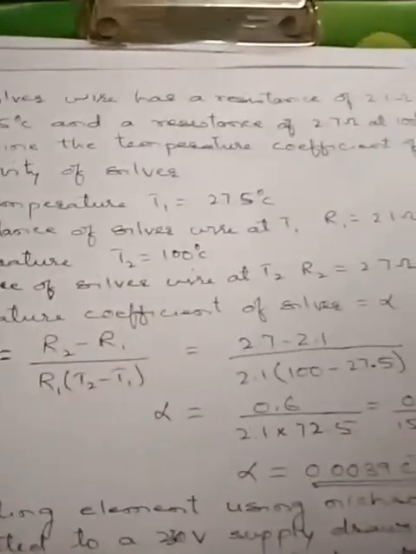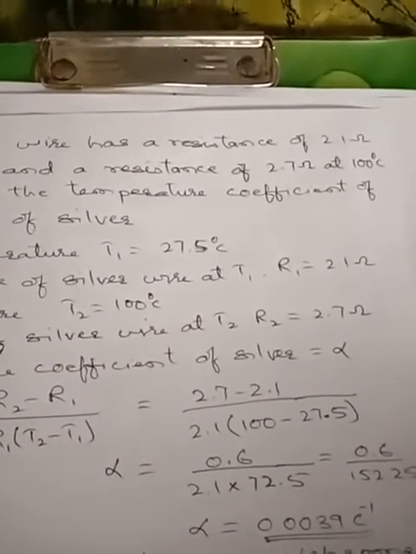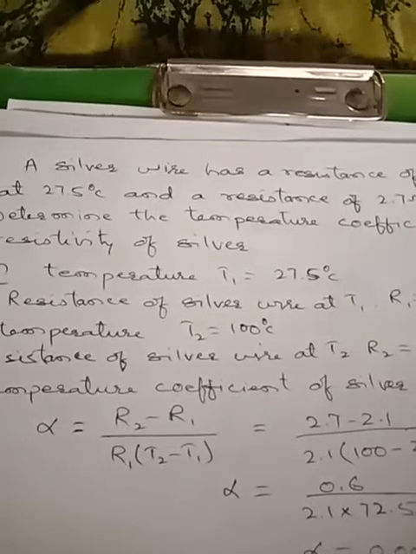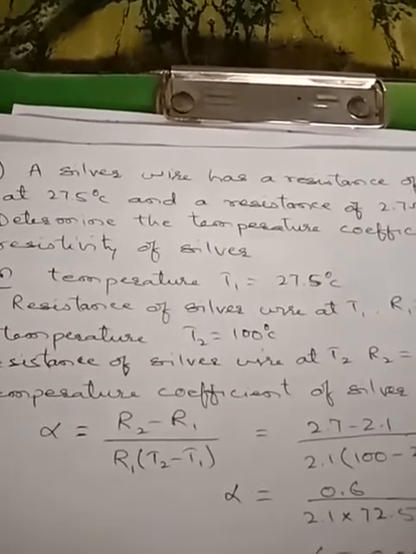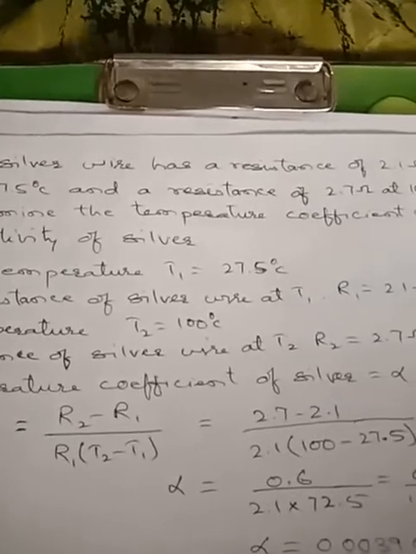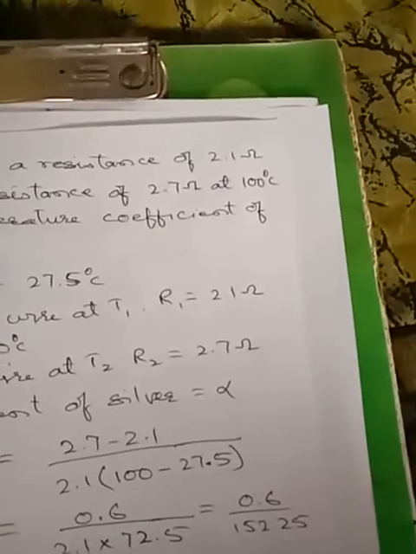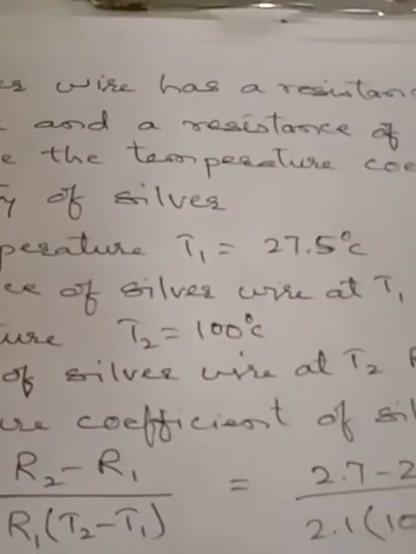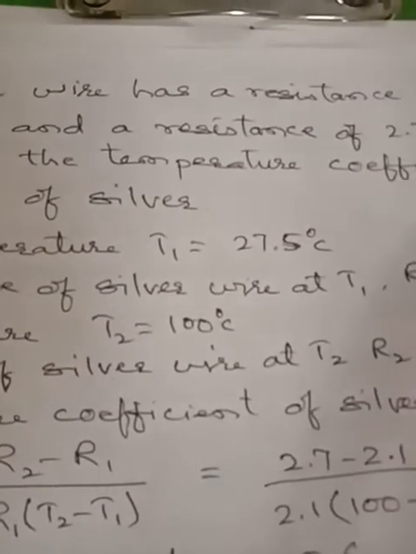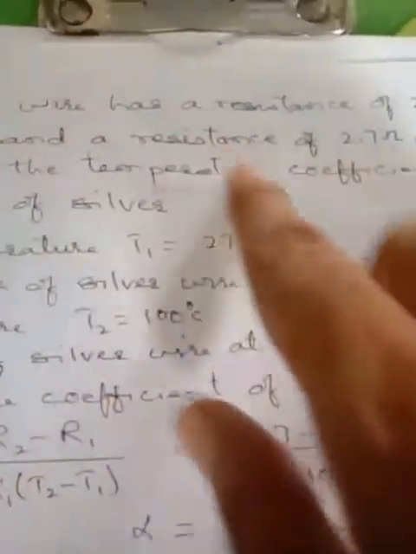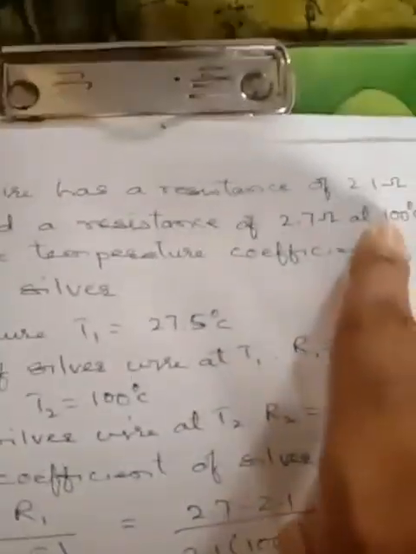A silver wire has a resistance of 2.1 ohm at 27.5 degrees Celsius, and a resistance of 2.7 ohm at 100 degrees centigrade. Clear? Means in the first part, the silver wire has a resistance of 2.1 ohm at 27.5 degrees centigrade, and 2.7 ohm at 100 degrees centigrade.